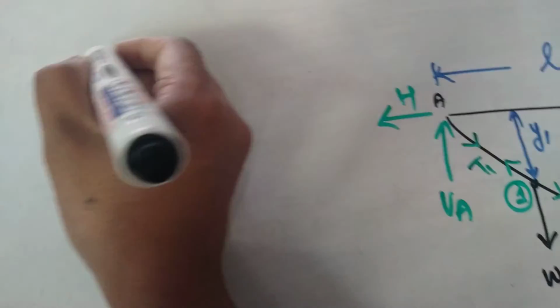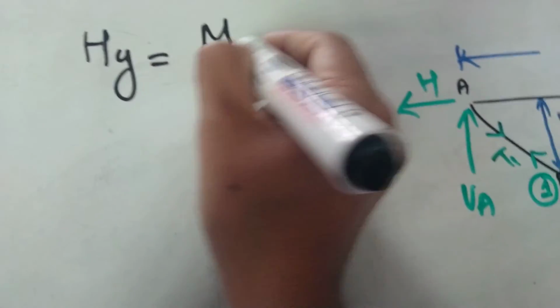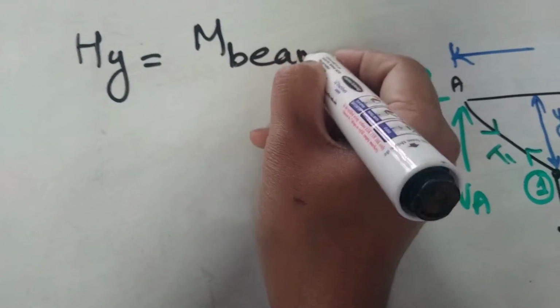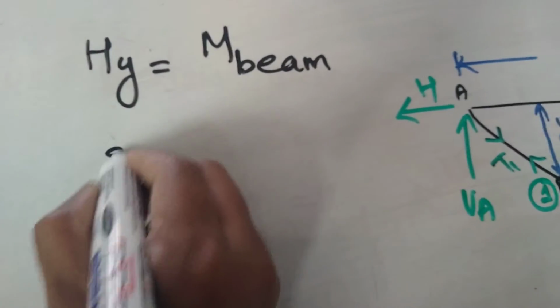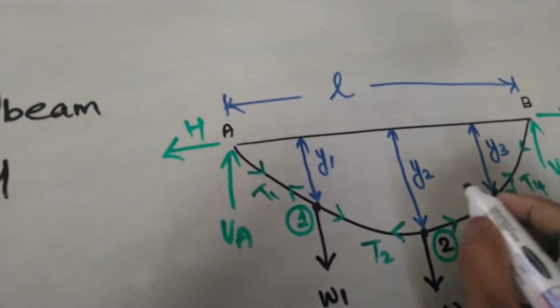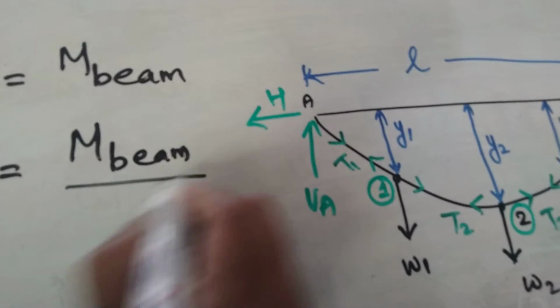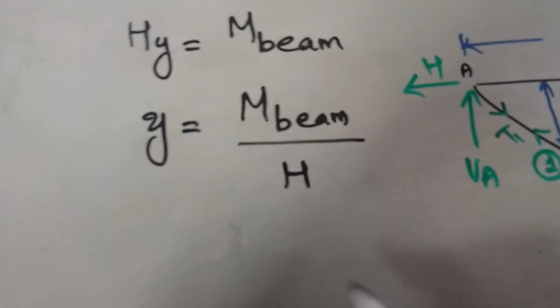So from the equilibrium equation we have H into y is equal to the bending moment of the beam, M. From that you can find the dips Y1, Y2, Y3 as the moment of the corresponding beam divided by the horizontal thrust.